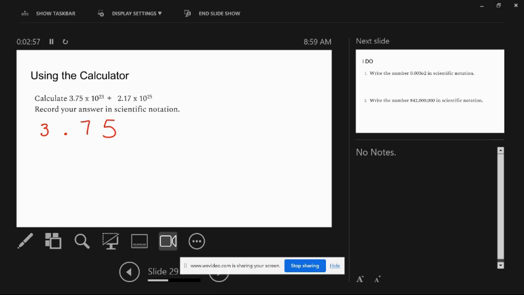Do not hit the times key. What you are going to do instead, if you have a TI calculator, is hit the second key and then the key right above the number 7. For some of you, it's a comma. For some of you, it's an X to the -1, I believe. That is going to activate something that says EE. And your calculator right now should read 3.75 E.